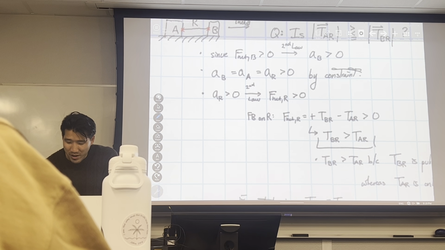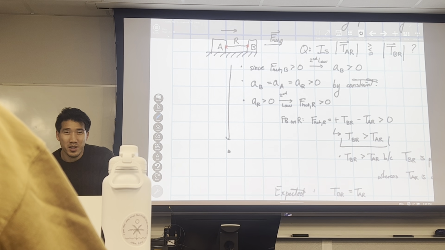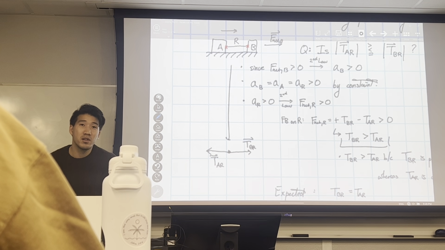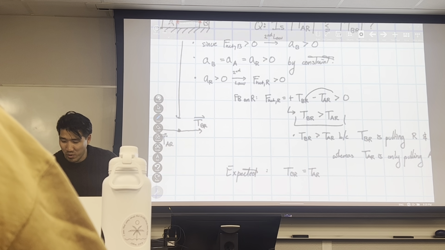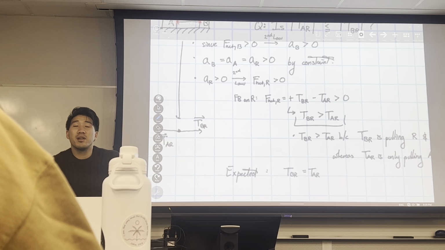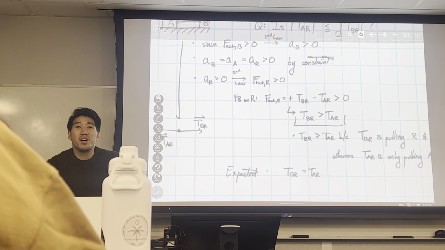So if we do a free body diagram of the rope, just in the X direction, this is TBR, and that is TAR. And yes, it's pulling on the rope, and that's why it's there. Does that answer it or no? The talk after. Okay.